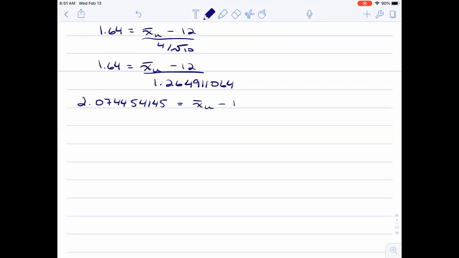X bar upper minus 12, so X bar upper must be plus 12, which is 14.0744541.